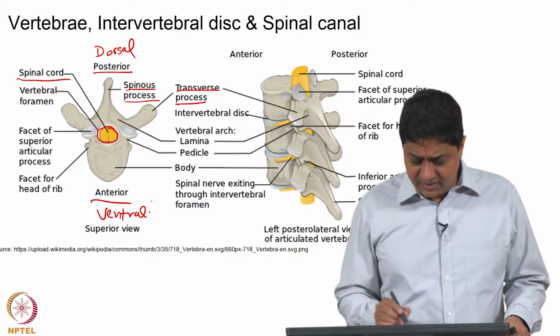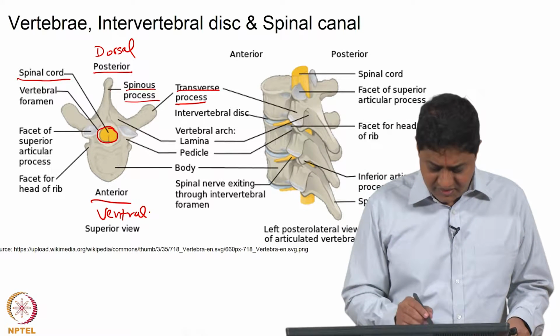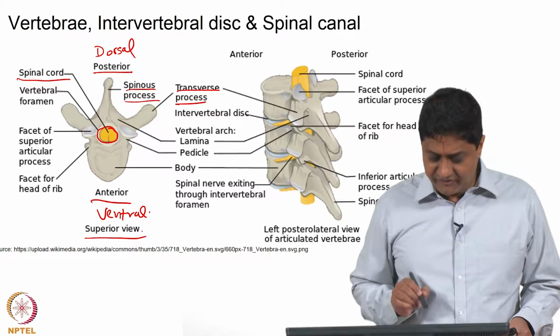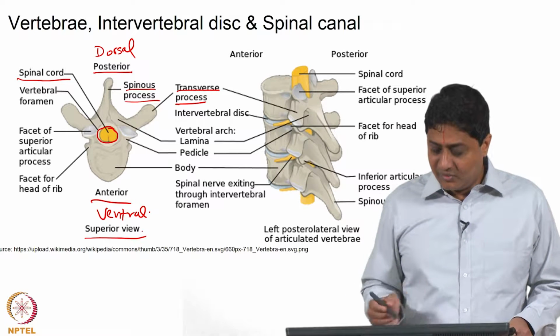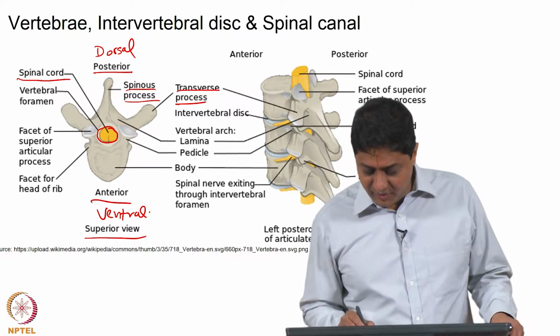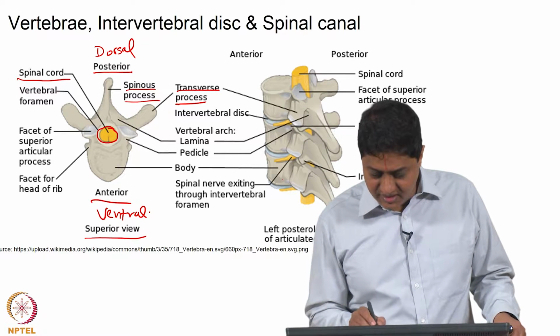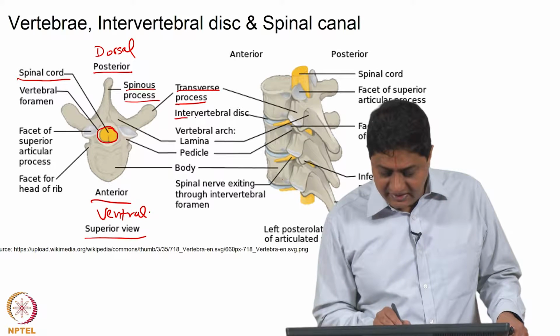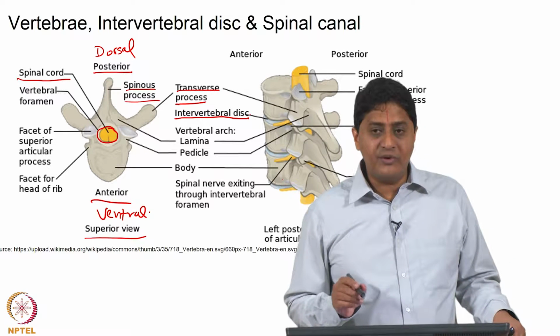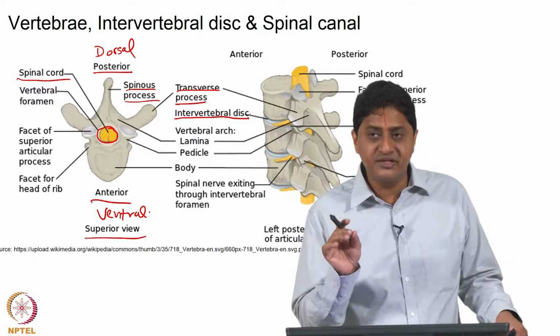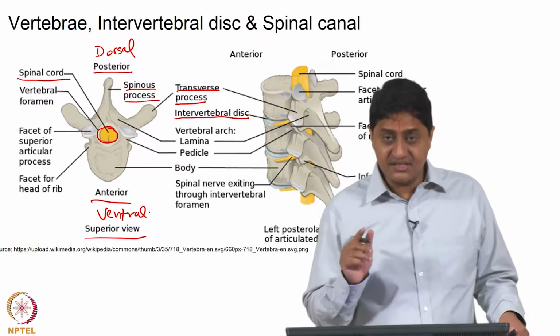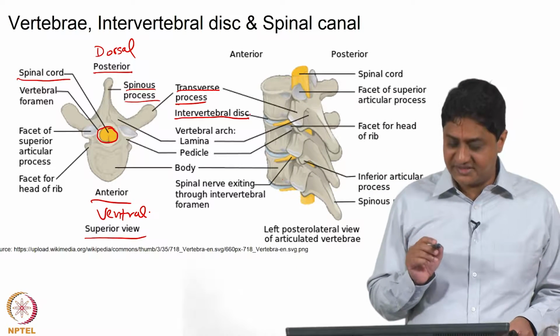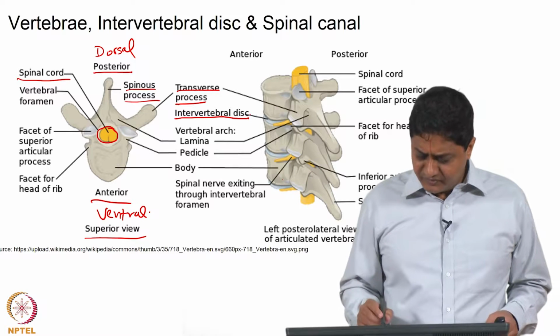And it turns out that this is one view, a superior view of the vertebra, but when I place several of these vertebrae one on top of another, there is a need for interfacing them with the help of a relatively compressible disc. This disc is called the intervertebral disc, okay.